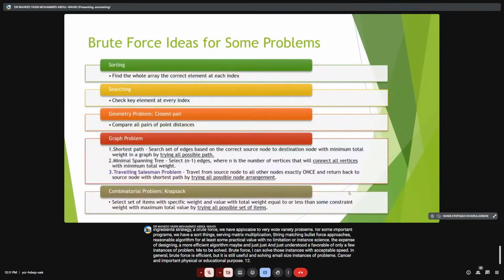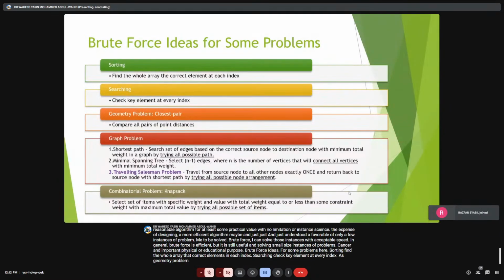So here we have brute force ideas for some problems. Sorting: find the whole array that has the correct elements at each index. Searching: check the key element at every index.